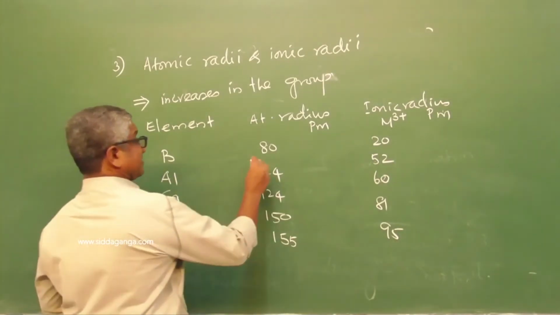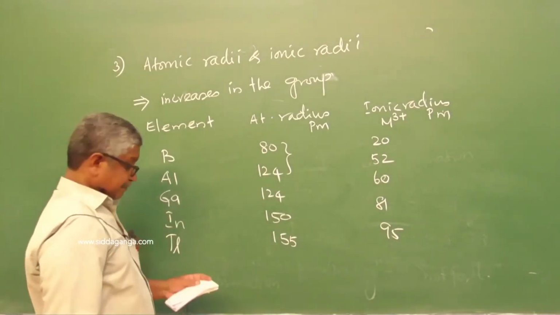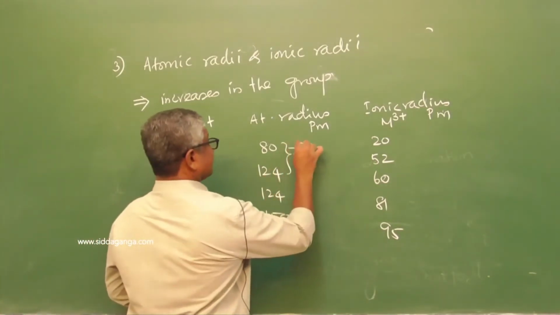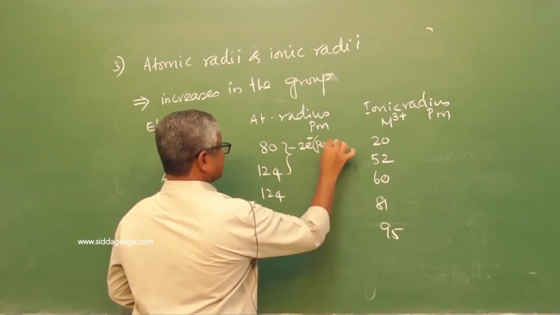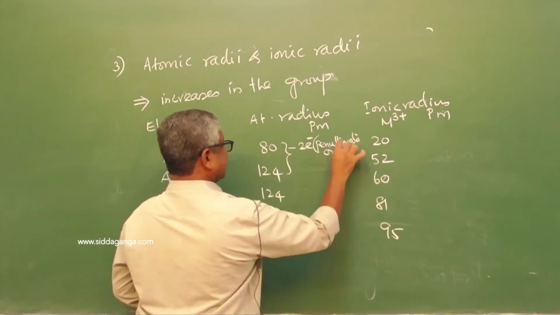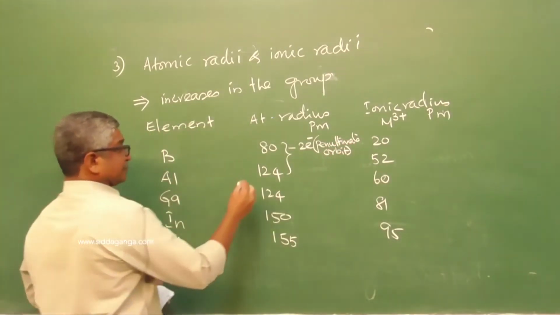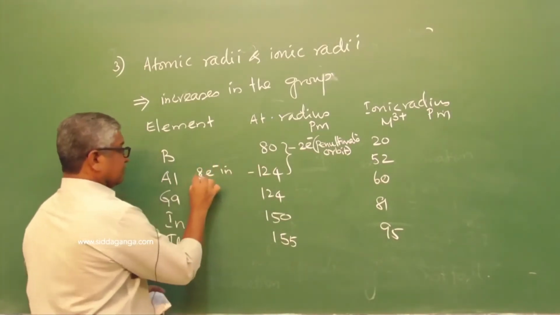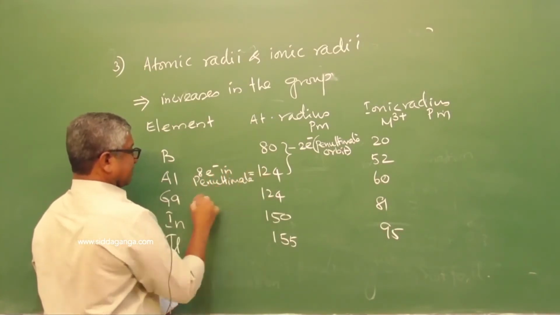See the difference. Boron has an atomic radius of 80 because it has only 2 electrons in the penultimate orbit, and aluminum has 8 electrons in the penultimate orbit.